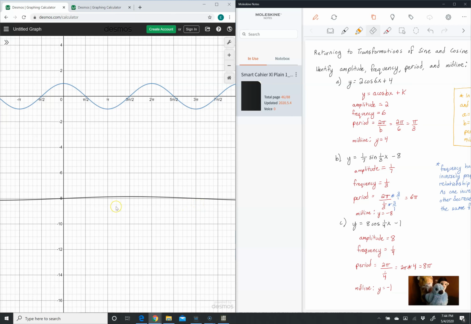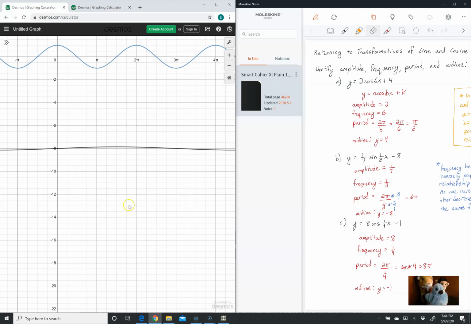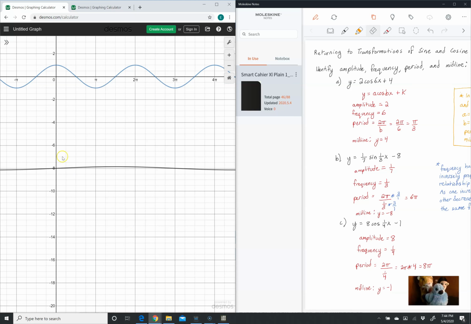Our frequency is 1/3. Between 0 and 2 pi, here's 2 pi. This is only 1/3 of a wave. Half a wave goes to 3 pi. So this is only 1/3 of a wave.